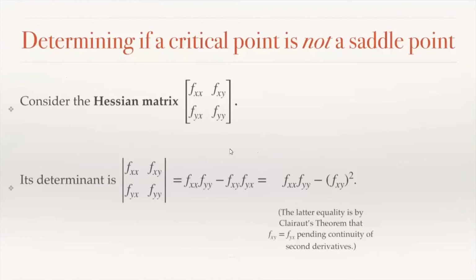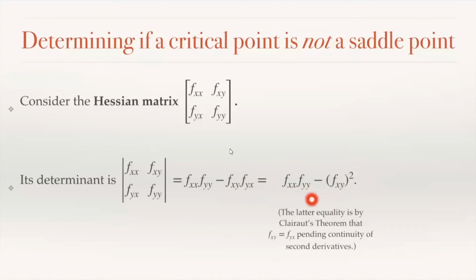What we can do to formalize this idea is consider the product of f sub xx and f sub yy, and then subtract the product of f sub xy and f sub yx. This will be negative if and only if the mixed partial derivatives do override the non-mixed partial derivatives.